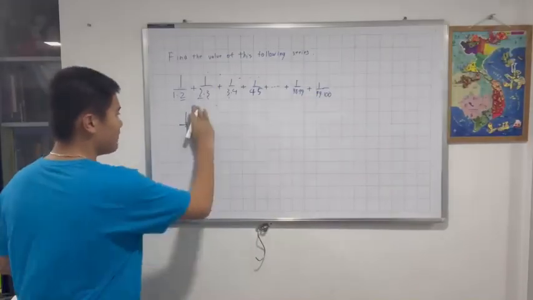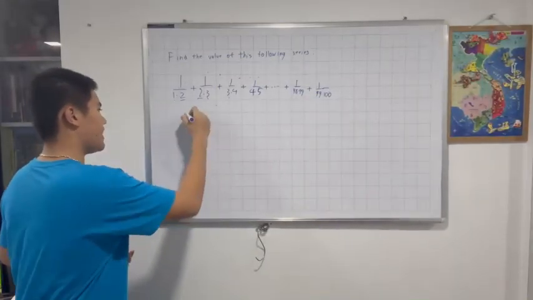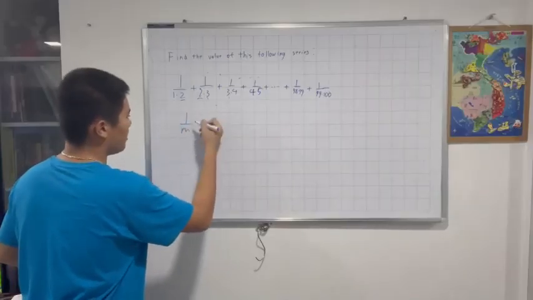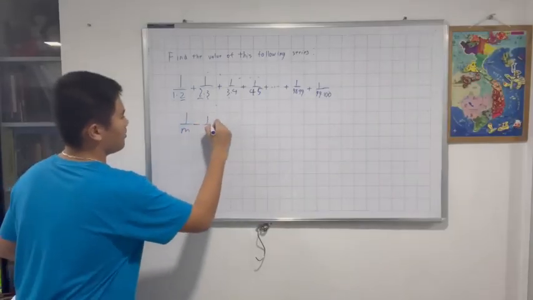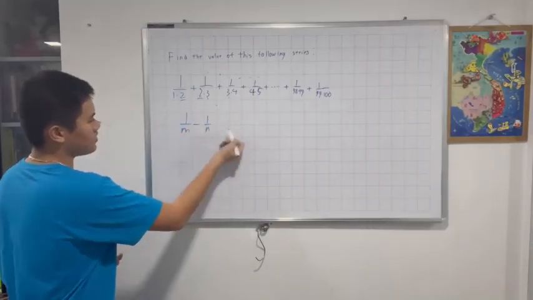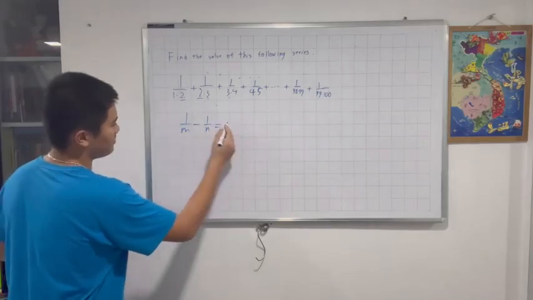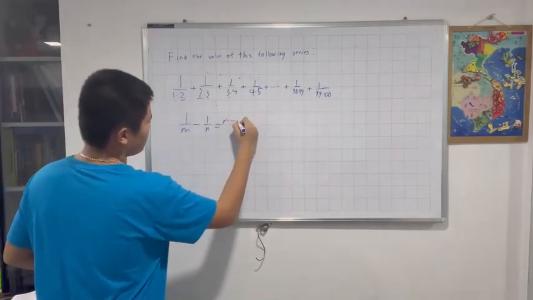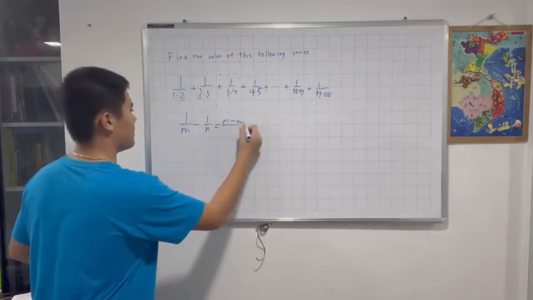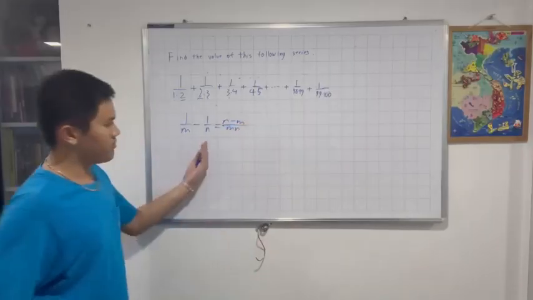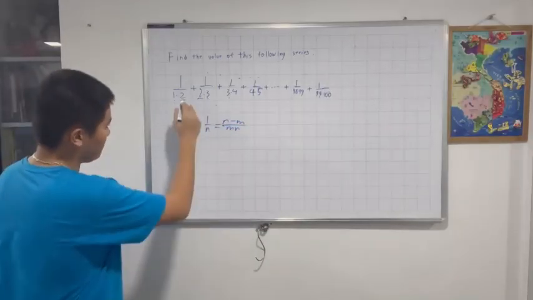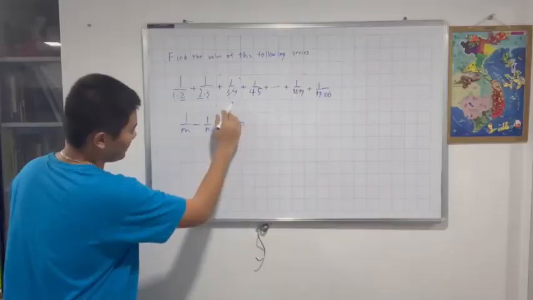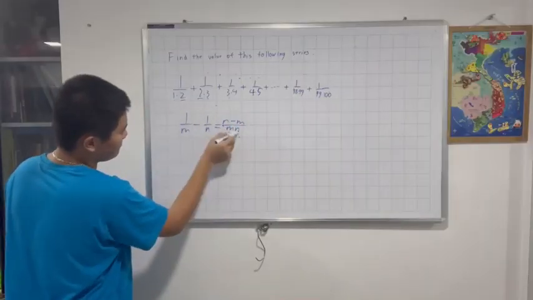Now, if you've learned basic algebra, you should recall that 1 over m minus 1 over n is equal to n minus m over m times n. Basic algebra. Now compare these two expressions.